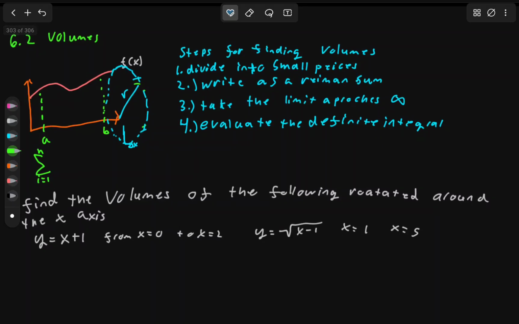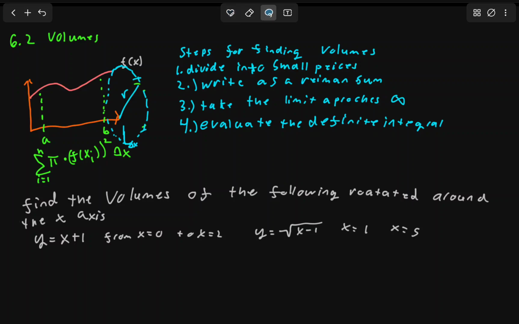We're summing up pi, because this is a circle, times f of x squared, which is the radius of said circle. So we'll call this f of x sub i squared, times a very small width change in x.